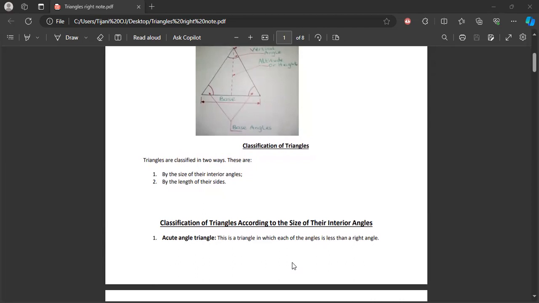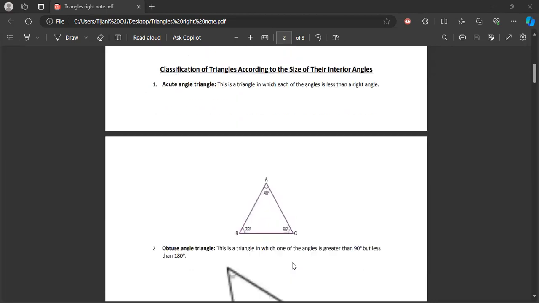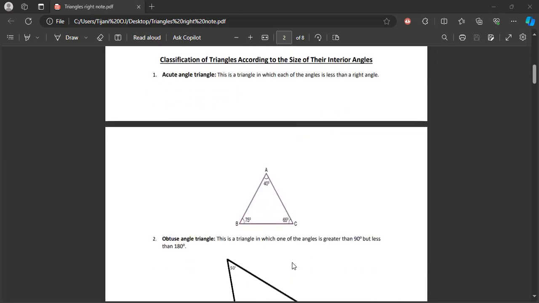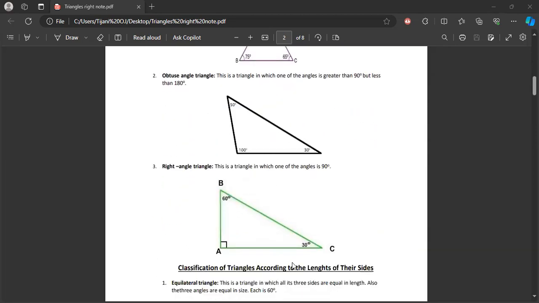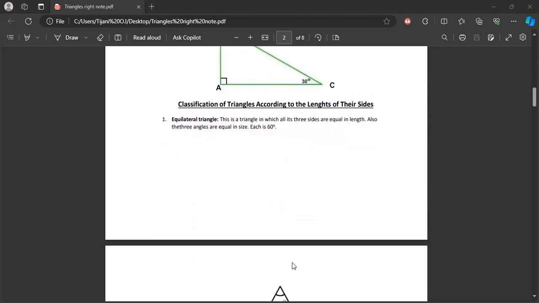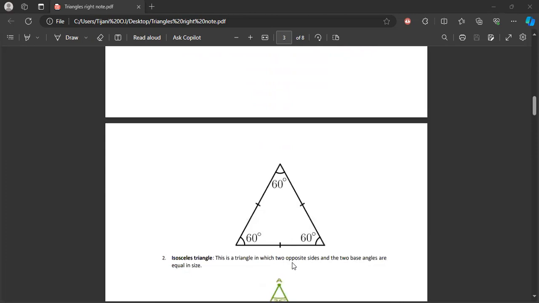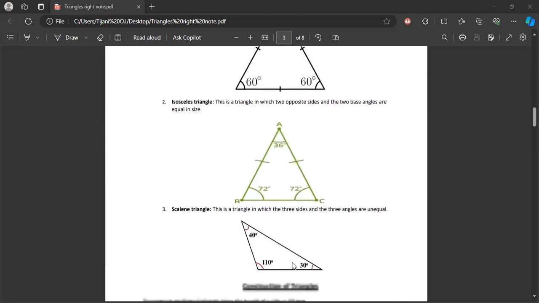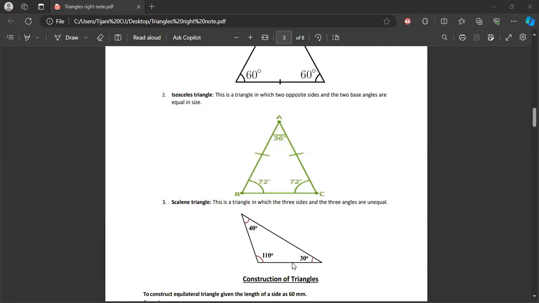According to the size of their interior angles, we have the acute angle triangle, the obtuse angle triangle, and the right angle triangle. Then according to the length of their sides, we have the equilateral triangle, the isosceles triangle, and the scalene triangle. So those are the information that I have for you concerning triangles.